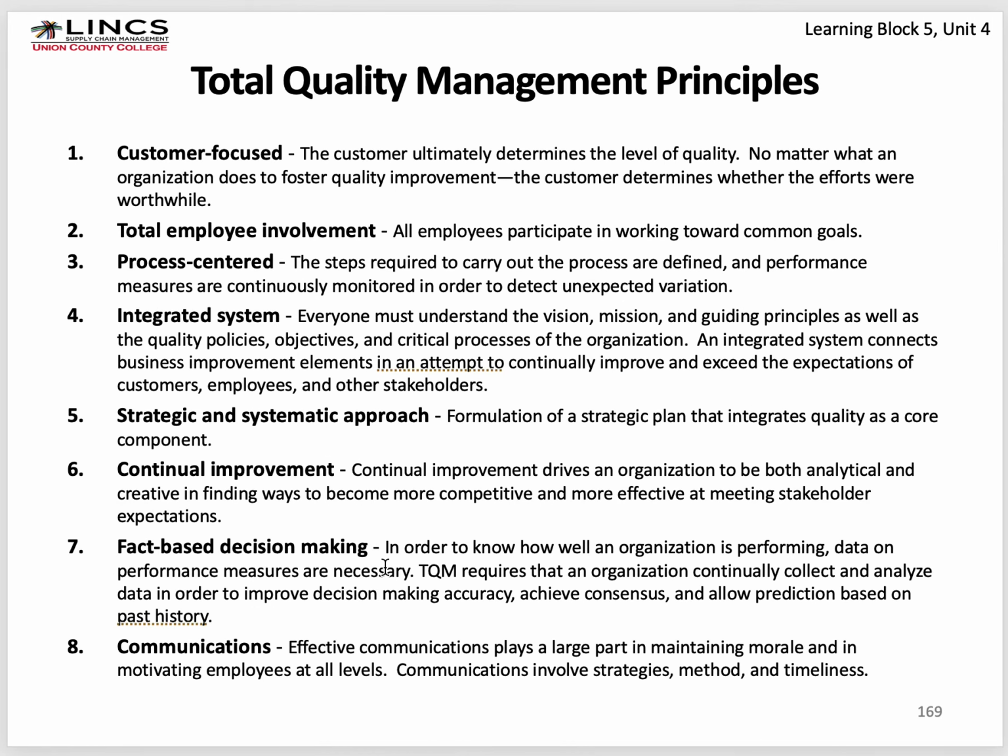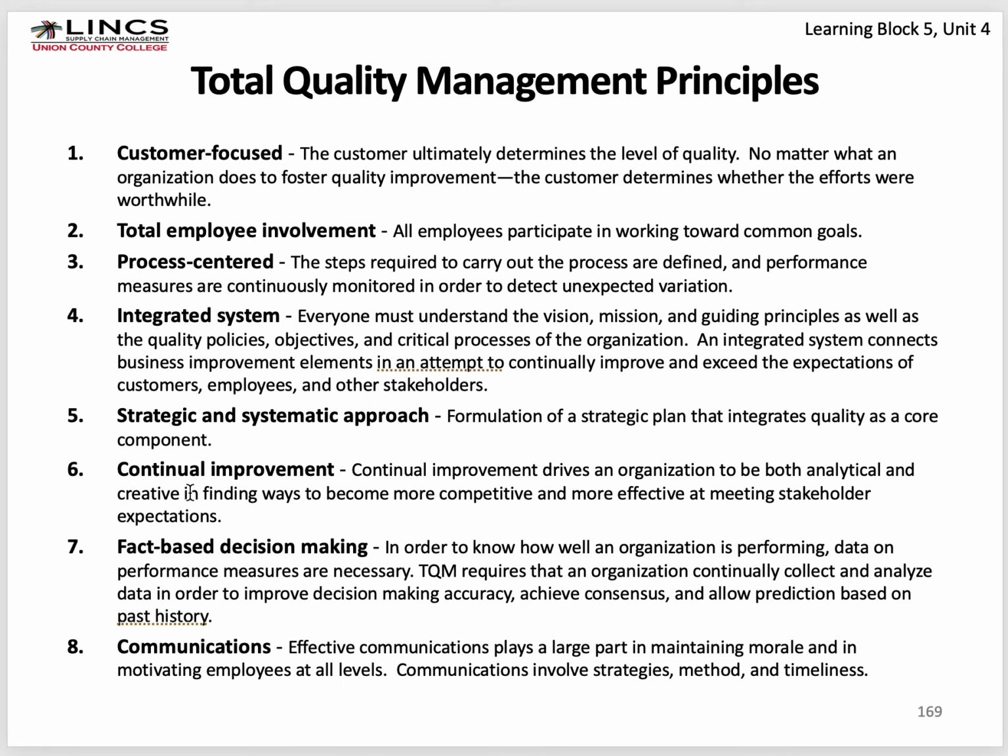So here are the principles. I think there are only 5, but these work too. Customer-focused, total employee involvement, all work as a process. Integrated system means kind of the same thing, so I would fit that under that. Strategic and systematic approach, which to me means senior leadership led.